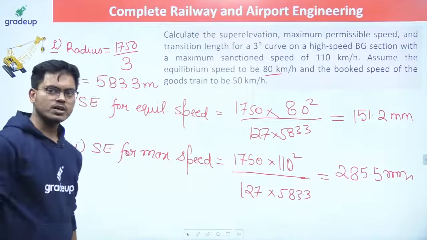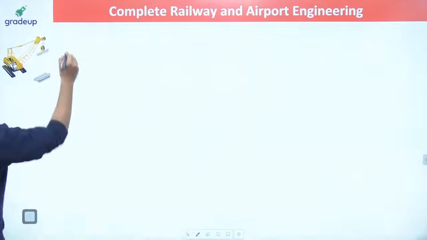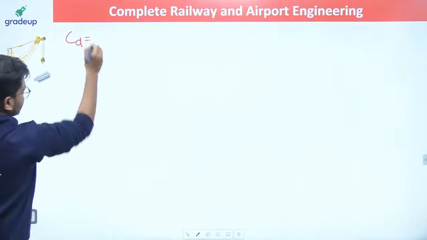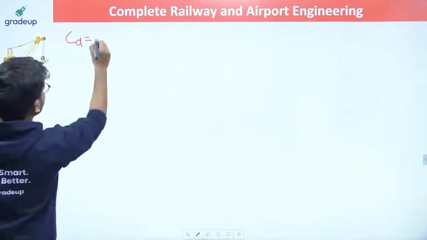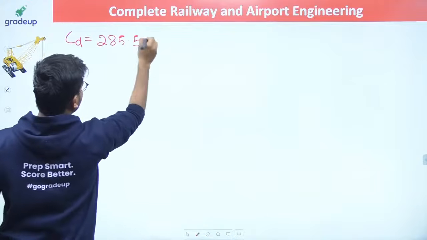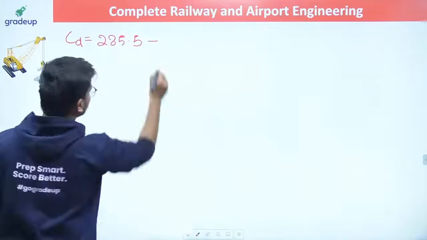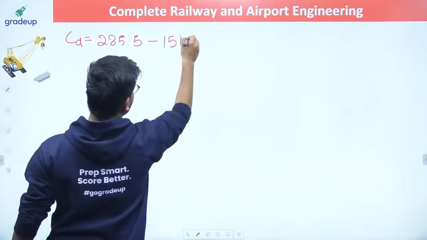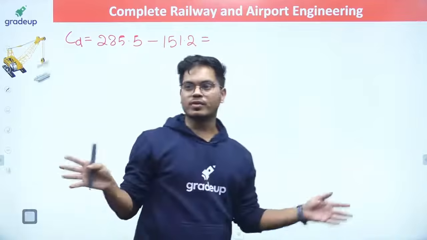The CANT deficiency that I am going to get is 285.5 minus 151.2. And how much is the value? Answer please. There is no calculator.